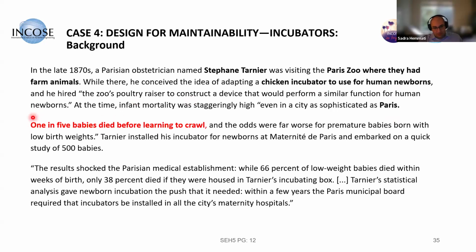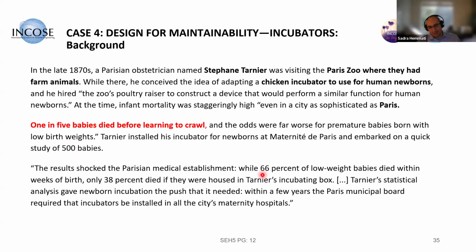Before that, 1 in 5 babies died before learning to crawl, especially low birth weight newborns. So Tarnier installed his incubator for newborns at a hospital in Paris and did a study on 500 babies, and it was groundbreaking.